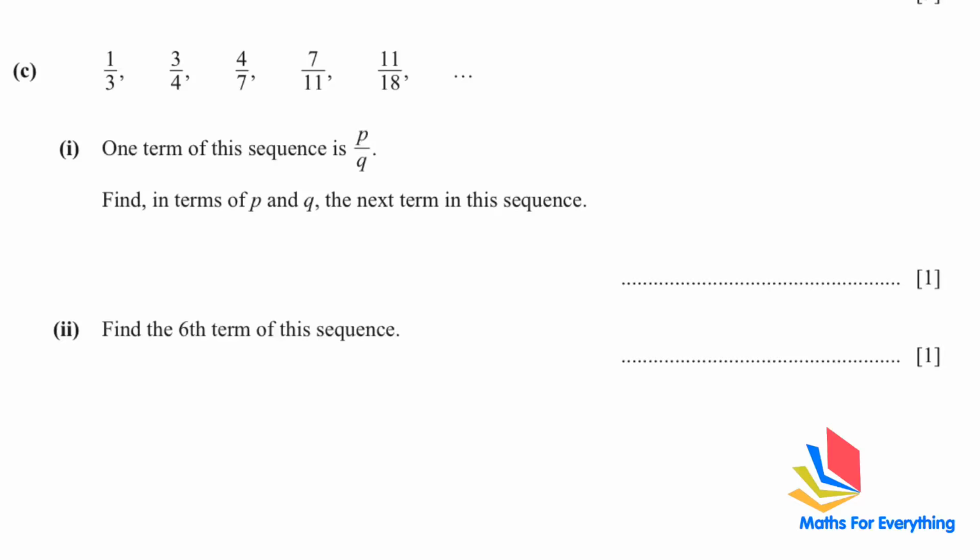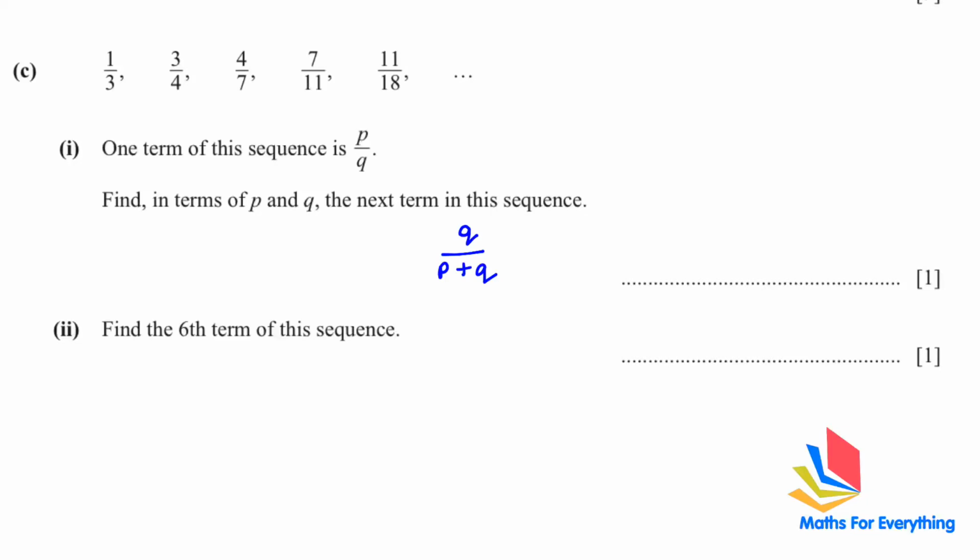Like I said, the denominator becomes the numerator, so that will be Q. And the sum of the numerator plus the denominator will go in the denominator of the next term. So that's your answer.